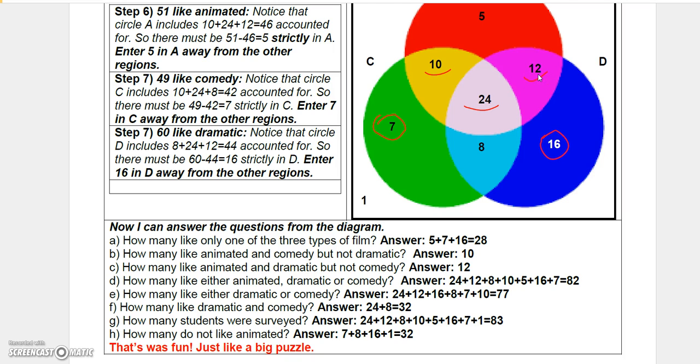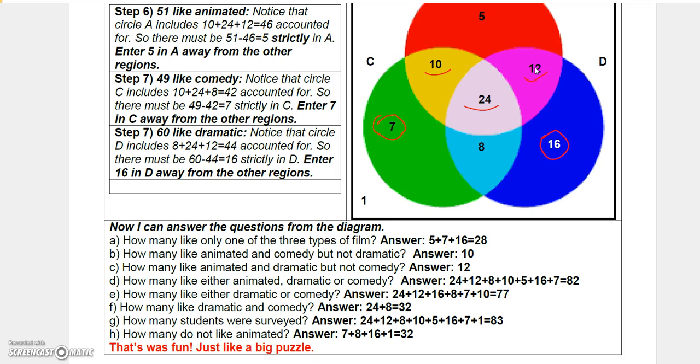And then it says how many like either animated, drama, or comedy. Well, in that case, you got to add everything up that's in each one of these circles. So you have to add all of the values that are in these three circles, and you get 82. And then this one says how many like either drama or comedy. So you have to add everything up that's in drama or comedy. Of course, you don't want to duplicate anything. So in drama we have 16 plus 8 is 24, plus 24 is 48, and then plus 12 would be 60.